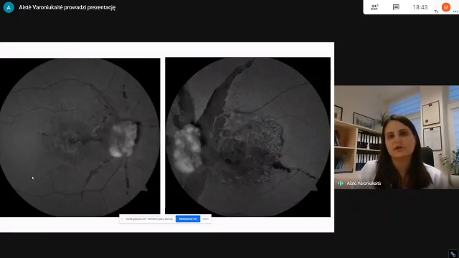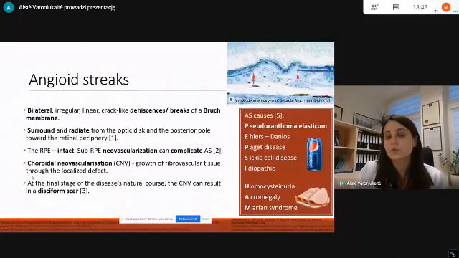Also, other methods are really important in diagnosing rare diseases like this. For example, autofluorescence, and you can see how hyperreflective optic nerve drusen are and how well we can see angioid streaks in this case. So what are those?